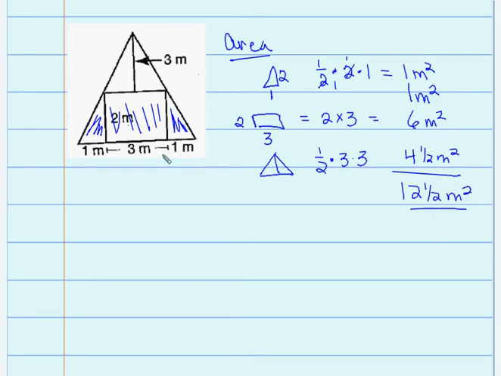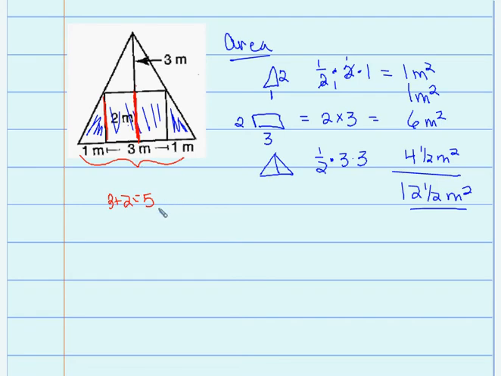Now, let me show you. This one happens to be a triangle. And if I draw this, I can continue that height in my small triangle all the way down to the bottom. Then my height is 3 plus 2, which is 5. That'd be my height. And then this dimension would be 3, 4, 5.